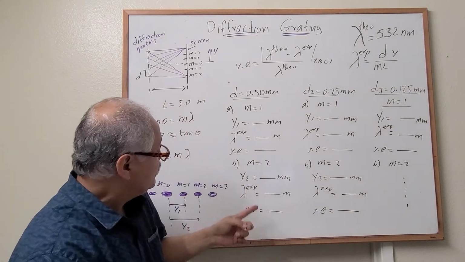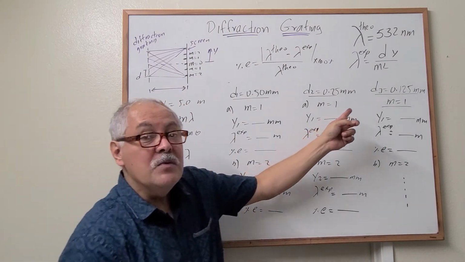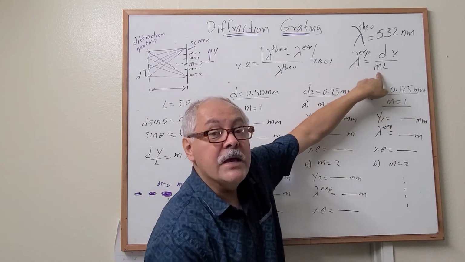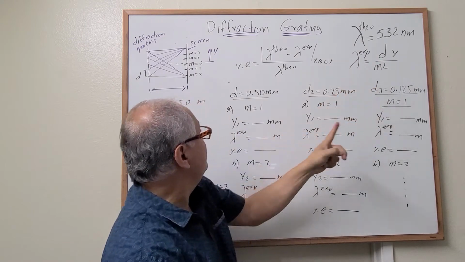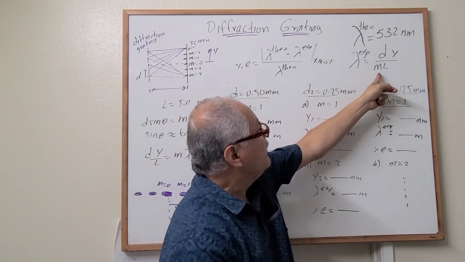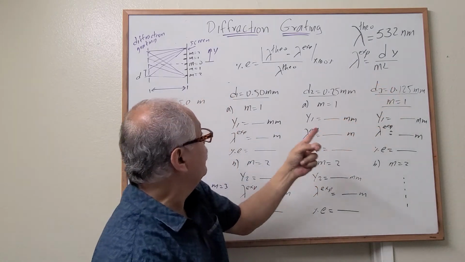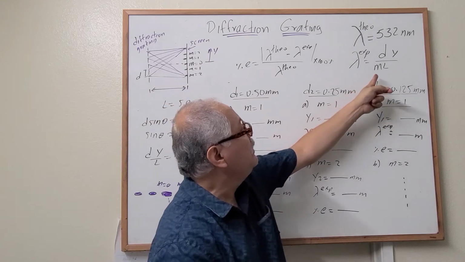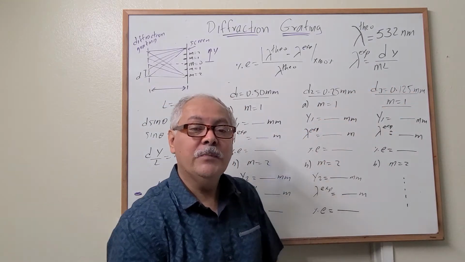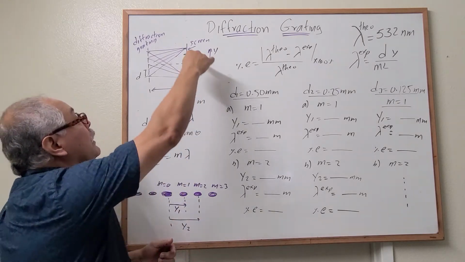Remember, for part B, it says m equals 2, meaning that in the formula you substitute m by 2. d is given, but for part B, m takes the value of 2. Of course, for part A, m equals 1, and so on. It depends on the order number that you want to use.